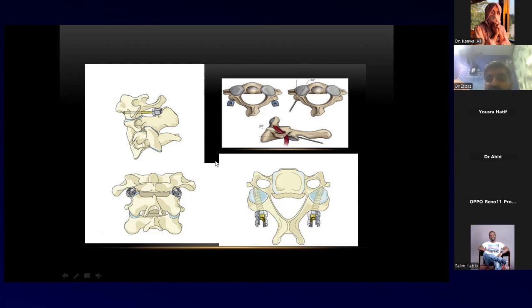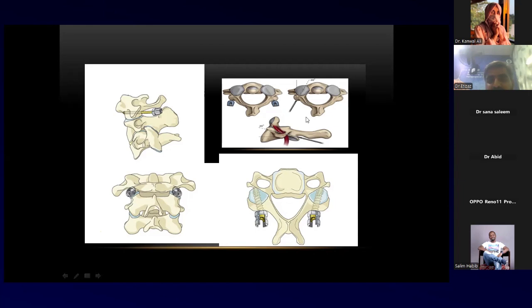There are three options. In C2, what kind of screw placement is shown here in C2? Dr. Sana? Yes, sir, pedicle screw. Yes.